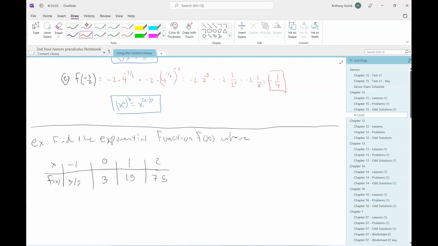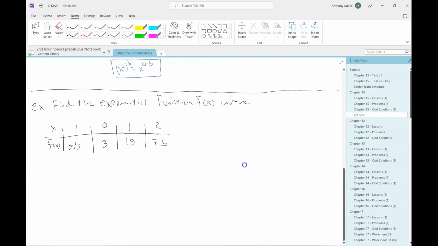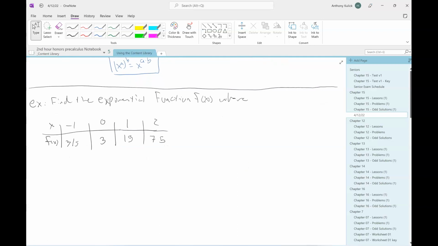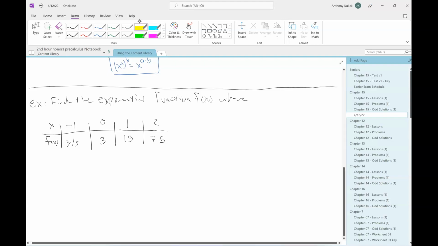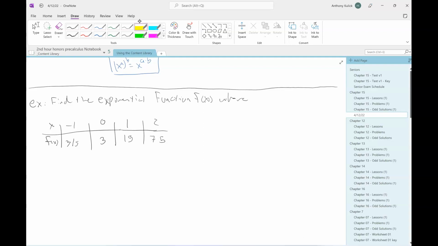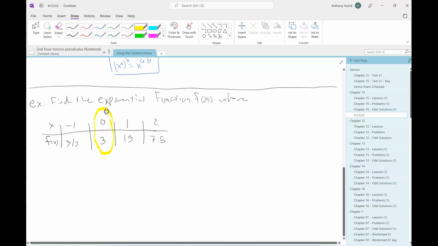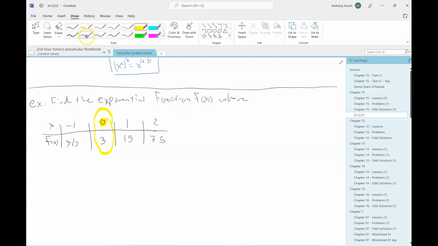So let's say that you're given a table of data and asked to find the exponential function that fits this data table. This problem can be very easy or very hard depending on which points you're given. The best case scenario is one here where we have specifically given the x that is 0.